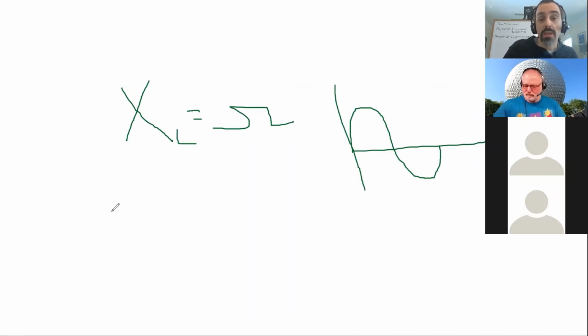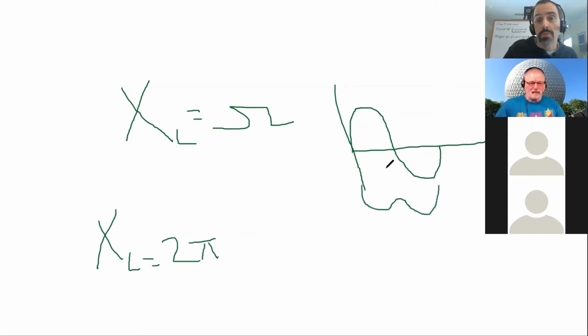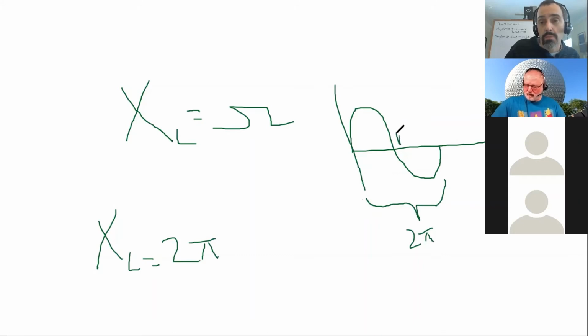So the equation for XL is equal to 2 pi, and 2 pi is due to the fact that we're going from here to here. Remember, this is 2 pi because there's 0, there's pi, and there's 2 pi.